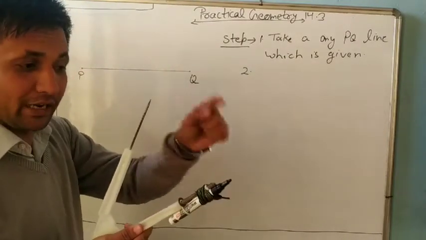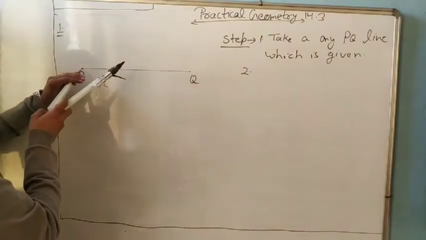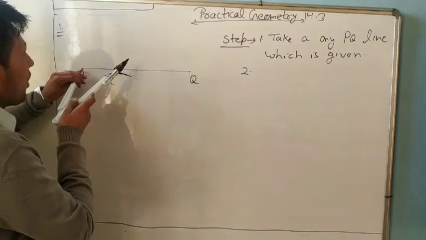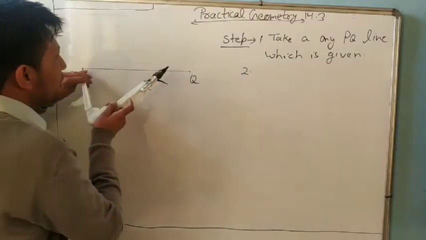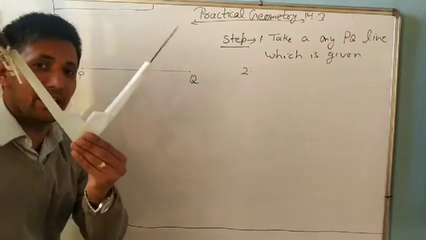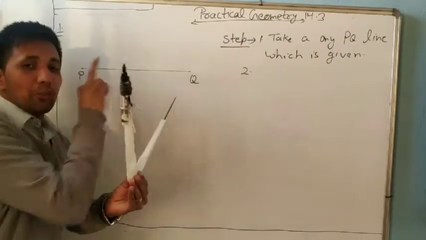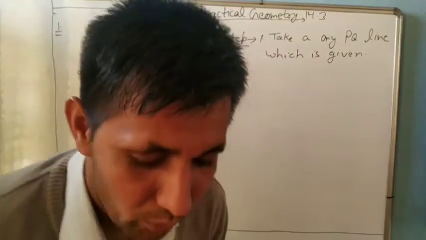So what we will do? This is the pointer. It is the pencil. Put the pointer at P. Yes, we open the compass from P to Q. It means this is the length. It is a line which is a copy of PQ. So what we did?